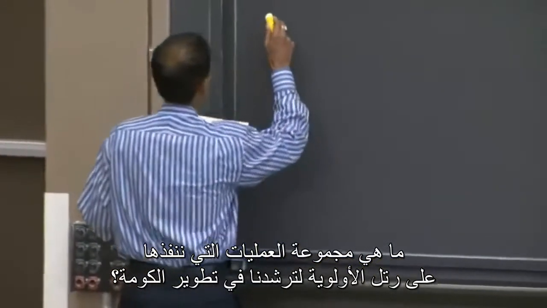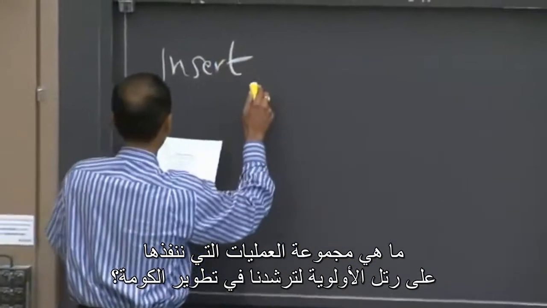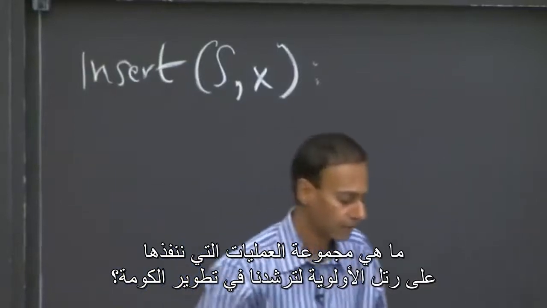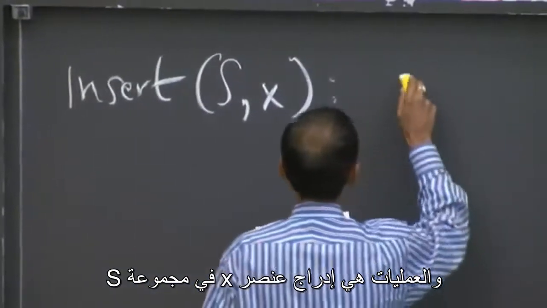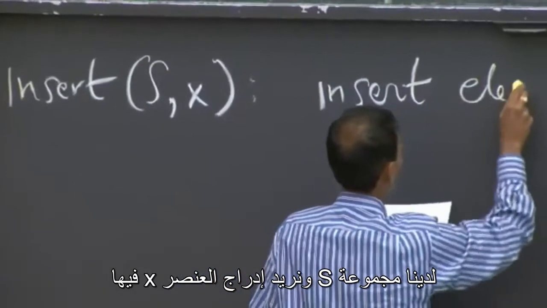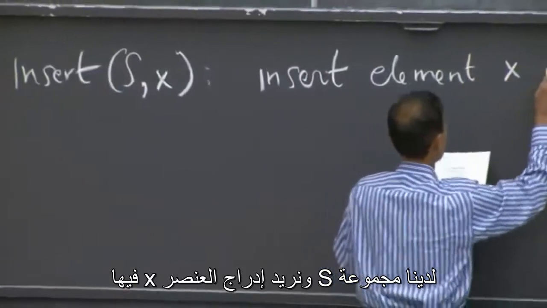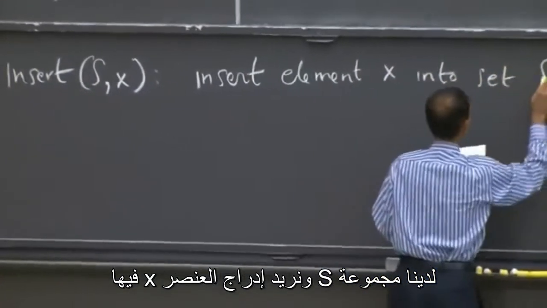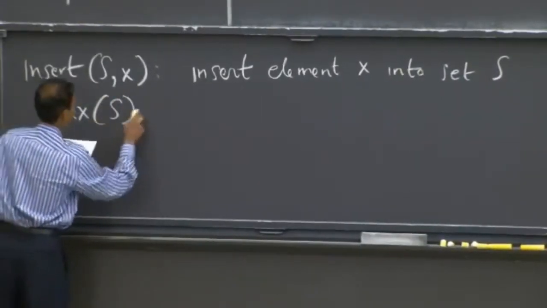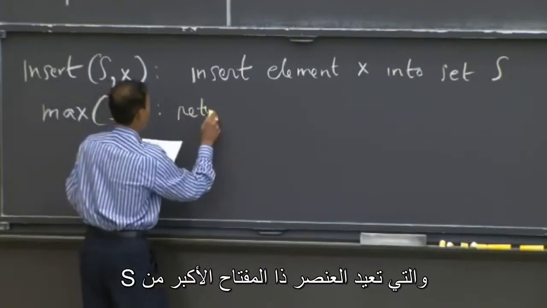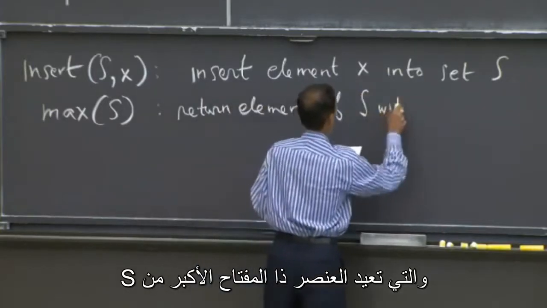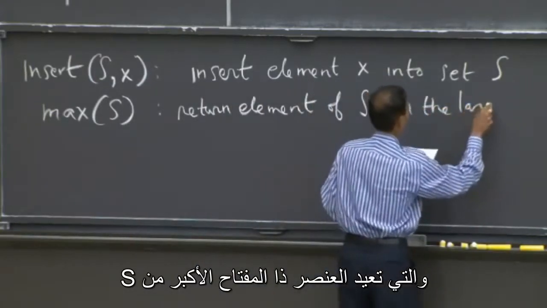And so what is the set of operations that we'd like to perform on a priority queue? We can use that to motivate the development of a heap. And those are insert(S, x). So you have a set of elements S, and you want to be able to insert element x into set S. You want to be able to do max of S, which is return the element of S with the largest key.